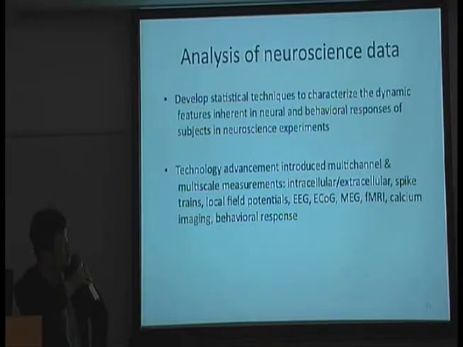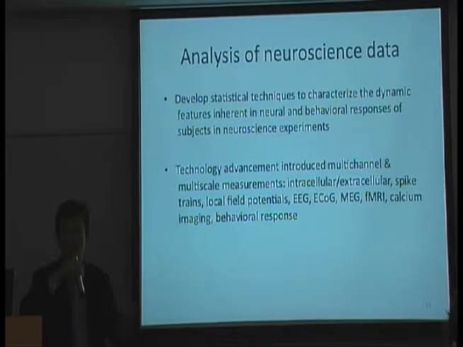We had a lot of calcium imaging examples yesterday. And in many cases, you also sometimes collect a behavior response. For example, the animal or human is presented with some sort of stimuli, and the animal is required or trained to do some tasks, then makes either a correct response or an error response.